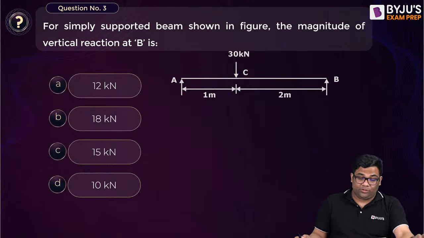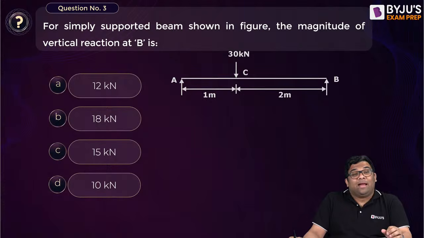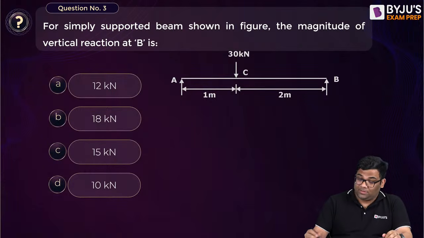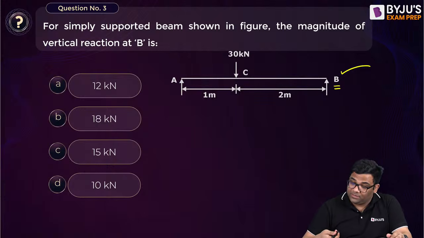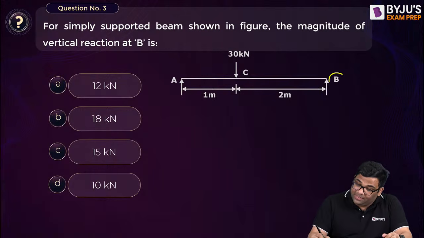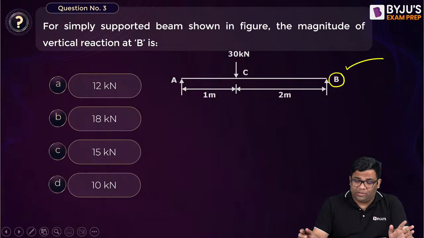Understood? Next question. For the simple support beam shown here, the magnitude of vertical reaction at B, what's the answer? That is a very straightforward question.